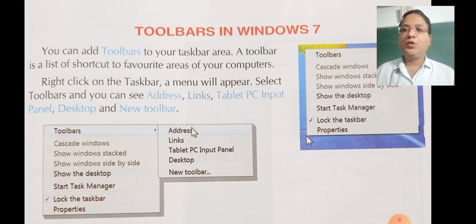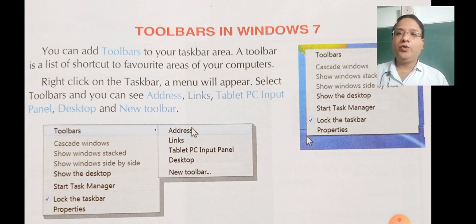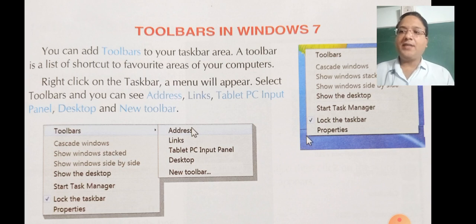Now next is toolbars in Windows 7. You can add toolbars to your taskbar areas. A toolbar is a list of shortcuts to favorite areas of your computer. Right click on the taskbar, a menu will appear.